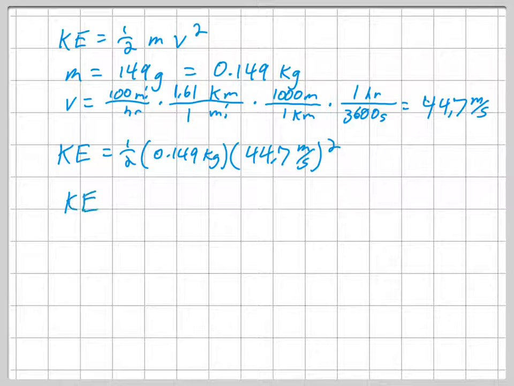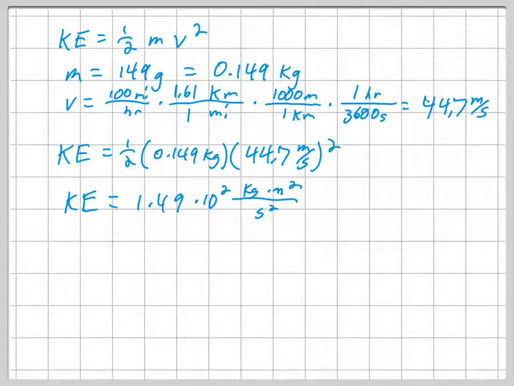We do the math on that, and the kinetic energy winds up turning out to be 1.49 times 10 squared. All you're doing is 1/2 of these numbers multiplied, and you square 44.7. That's going to be kilograms meters squared per second squared.